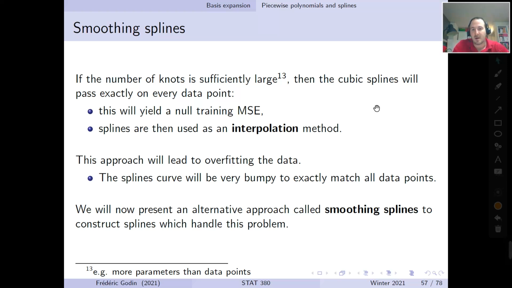So if you still want a lot of flexibility to change the curvature for many values of x, but you don't want overfitting, then another alternative is called smoothing splines. We're going to see another technique based on splines to handle this problem.